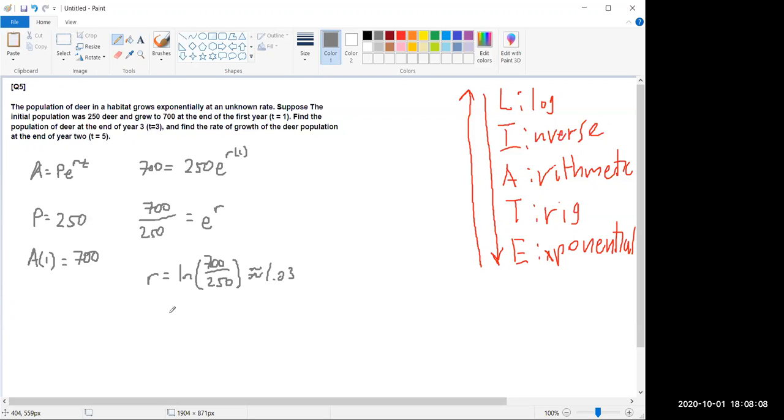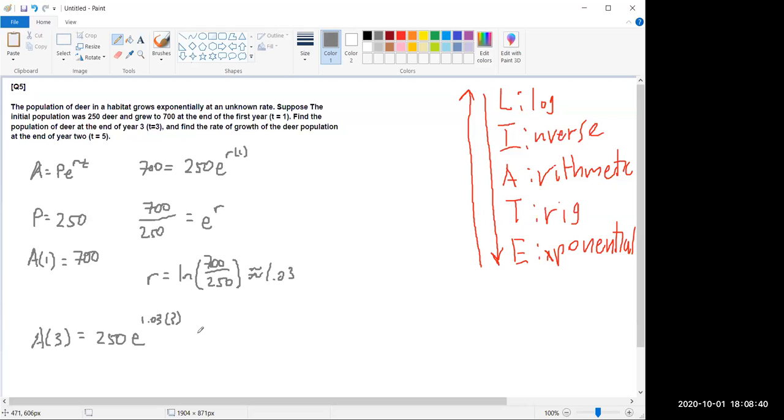All right, whatever. So the question wants you to find the population of deer at the end of year 3. So they're asking you to find A of 3, right? So let's see if we have enough information to do that. We know the principal amount, 250. We know e, and we know the rate now. So this is approximately 1.03, and the time is 3.